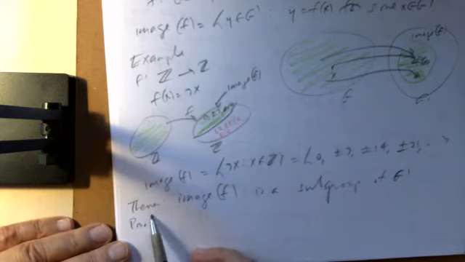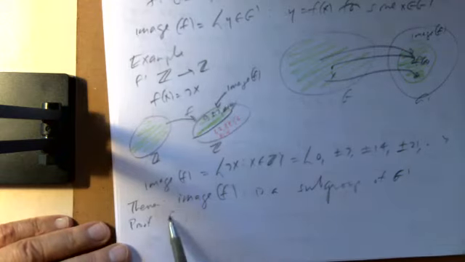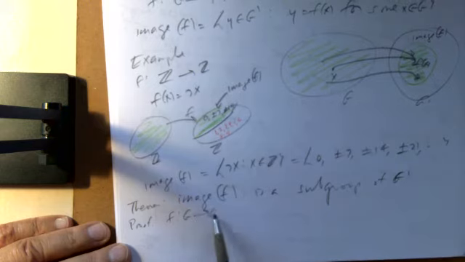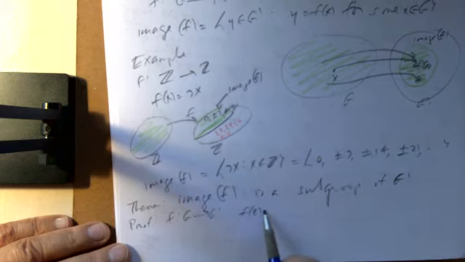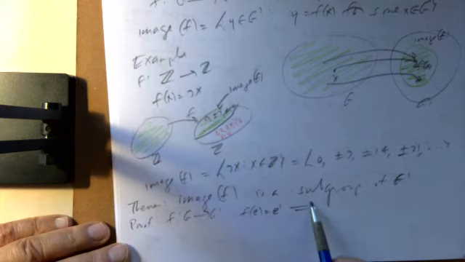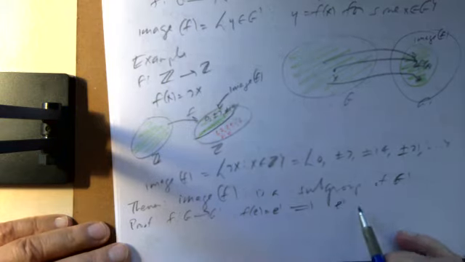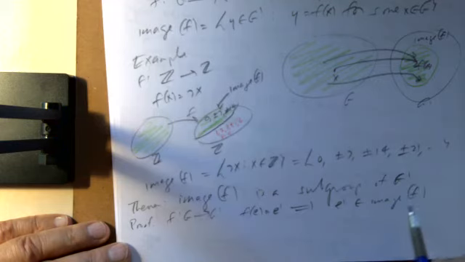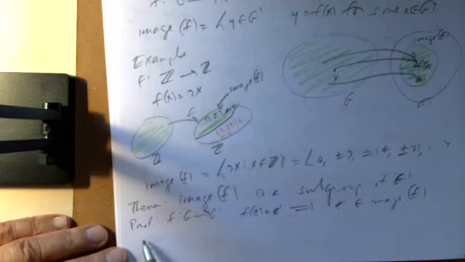So how does the proof of that statement go? Well, we have f from G to G prime. f of the identity is the identity. So the identity is in the image of f, because the identity in G gets mapped to the identity in G prime.